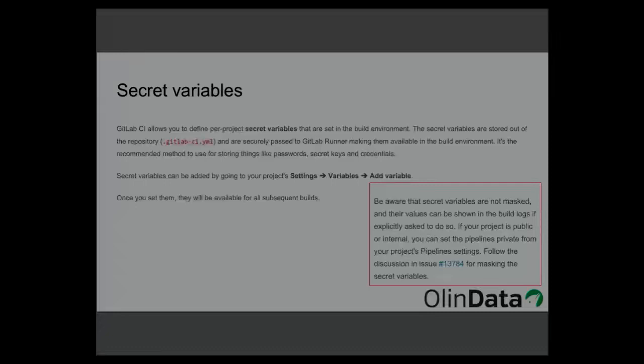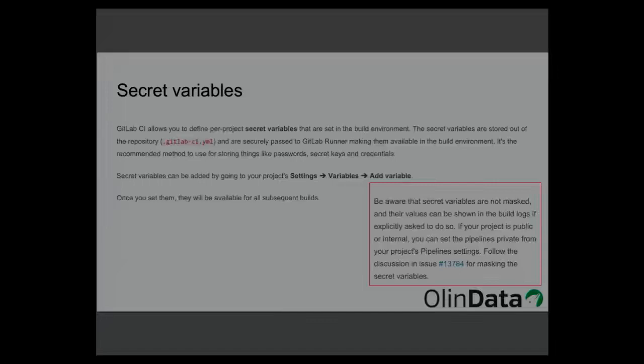The downside is that currently they are not masked, and will just show up in the build log. So if you are using, I don't know, AWS credentials that are actually a secret variable in your project, if something in your build prints those variables to the log, they will just show up.